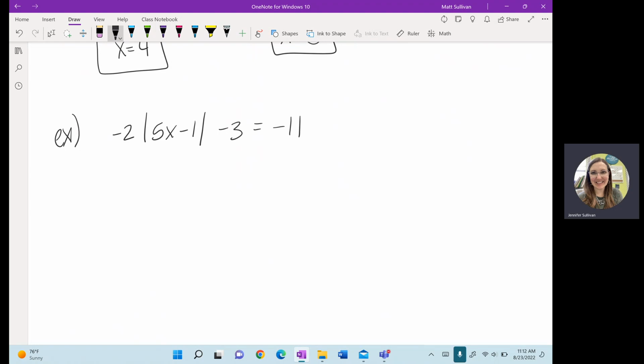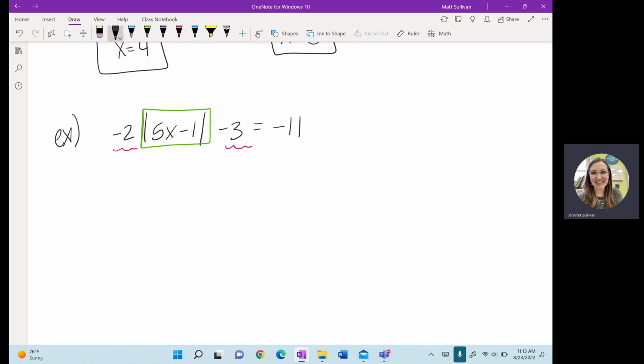Can I say that this is a no solution right now? No, I cannot say that. And the reason why is because I have stuff on the outside of my absolute value bar. So I have to undo this and this first, and then see if I have a negative number.